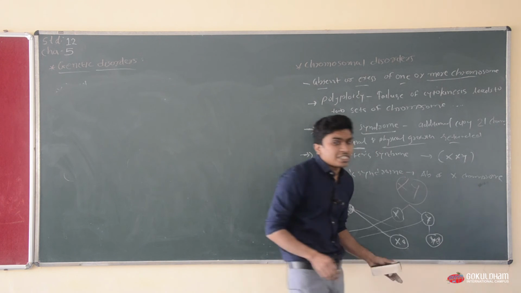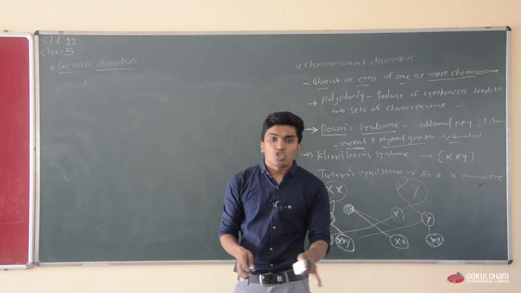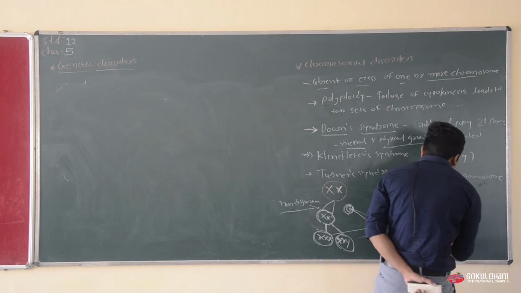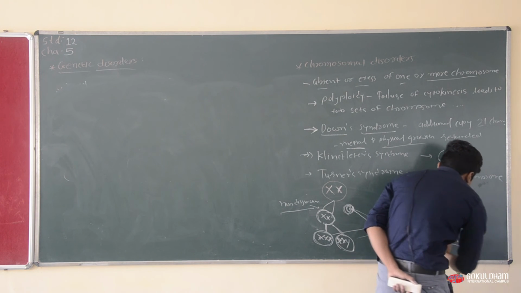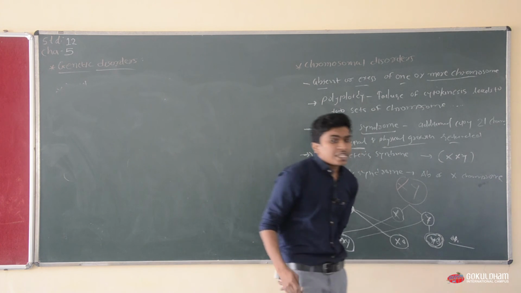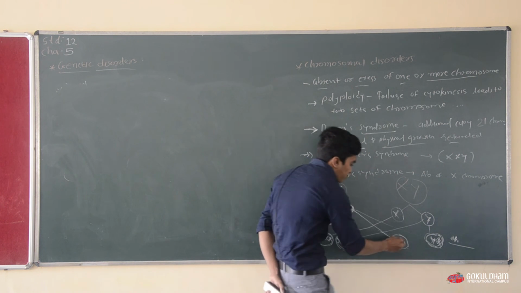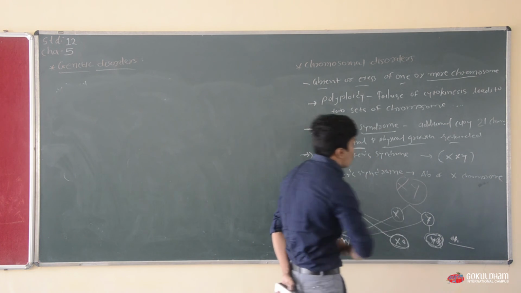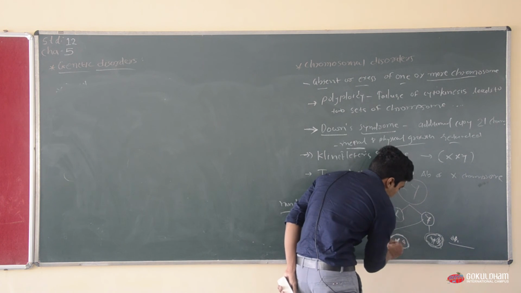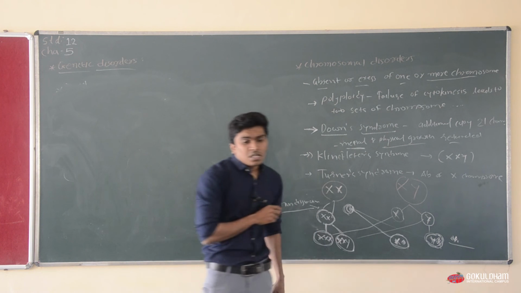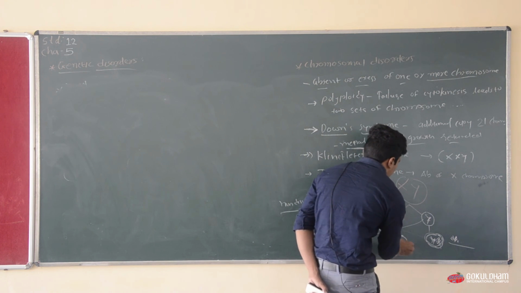The zygote with the Y0 combination of chromosomes will not be viable, it will die because it doesn't have an X chromosome. And here X0, this kind of female is known as Turner syndrome, which is sterile.